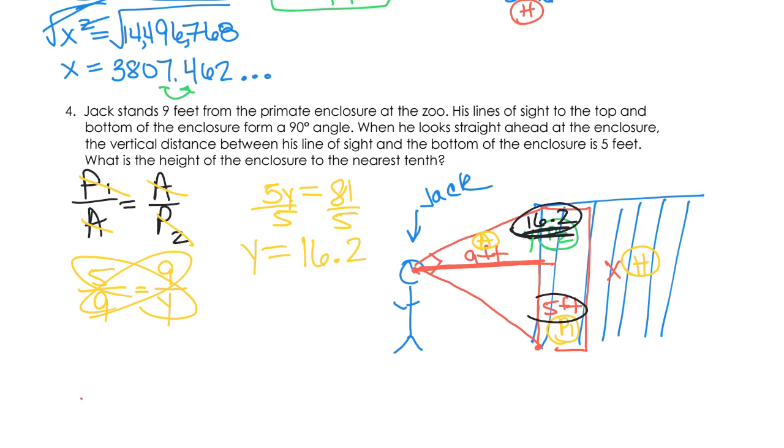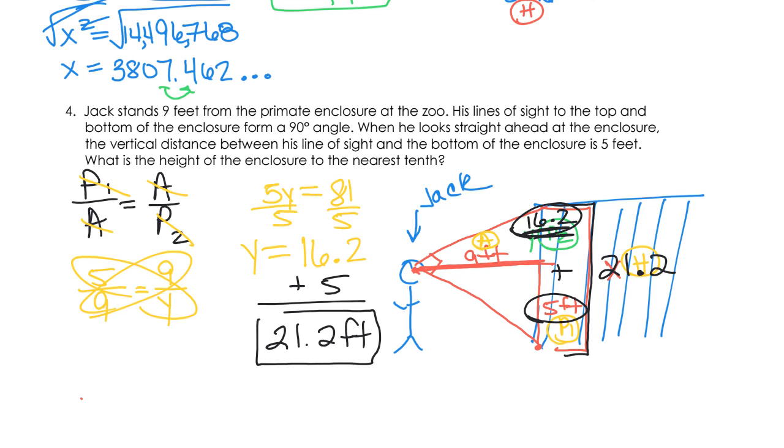Now that we have the two projections, we can add them together and end up with 21.2 feet for our hypotenuse, which is the height of the enclosure. So a little bit of a tough question there with the picture. All right, guys, hopefully we have had enough practice with our two proportions. You know what the pieces of the triangle are, you know what the projections are, and you know how to plug in, cross multiply, and solve successfully. All right, I'll see you guys on the next day.